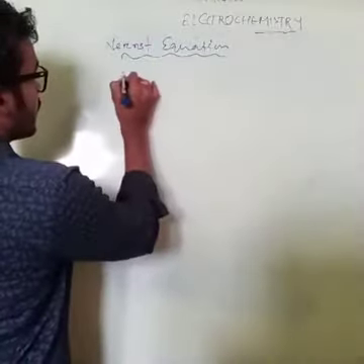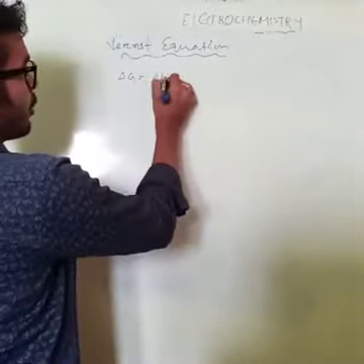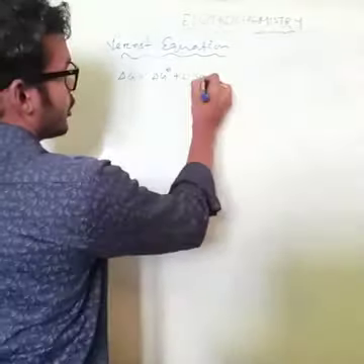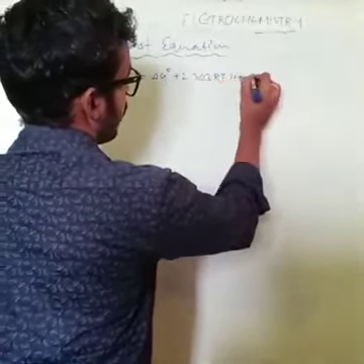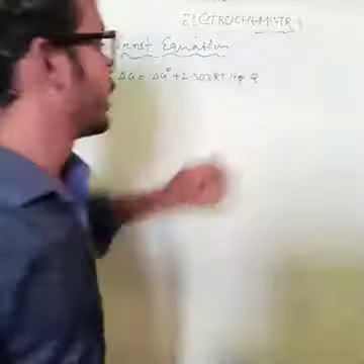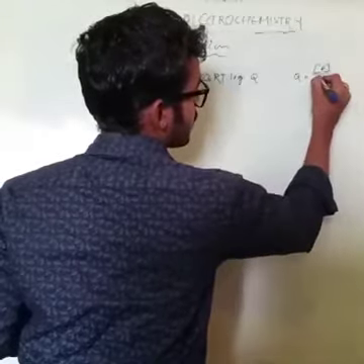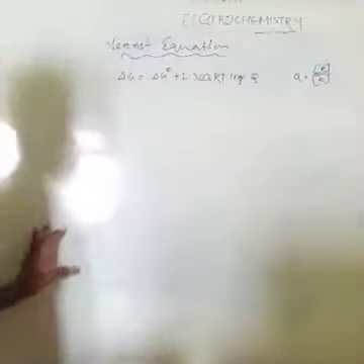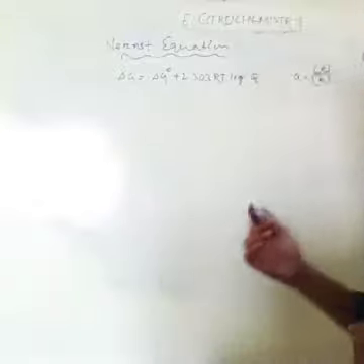From the equilibrium chapter of class 11, we know the Gibbs free energy relation: del G equals del G naught plus 2.303 RT log Q. This is the reaction quotient Q, product concentration by reactant concentration. From this we need to derive the Nernst equation.